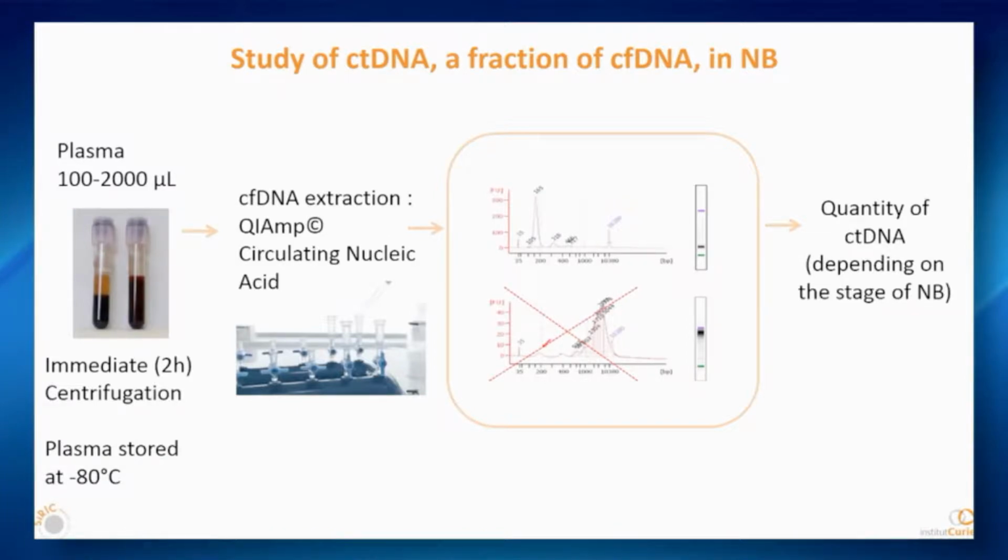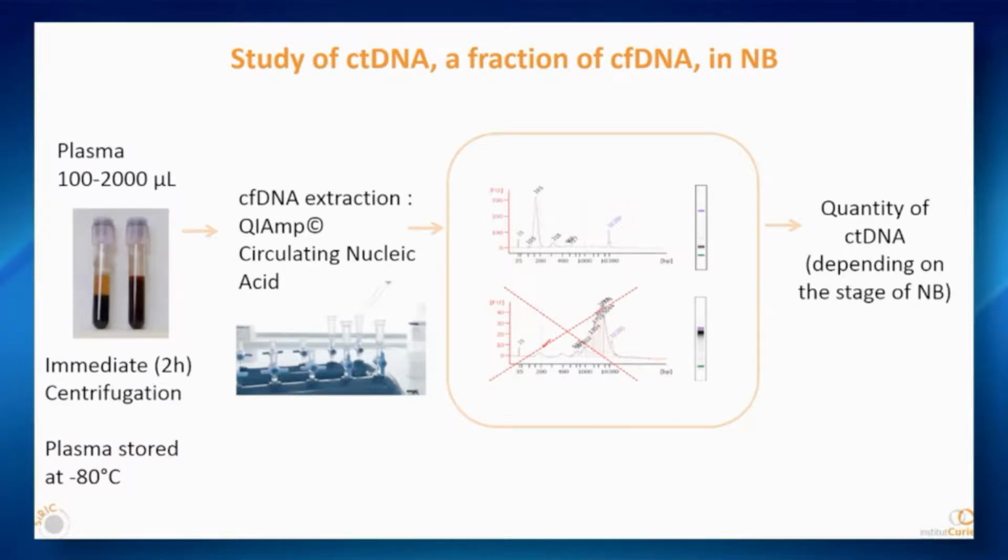And in the general workflow, when we're studying cfDNA, what we are currently doing in many labs throughout the world is collecting plasma samples at different time points at the diagnosis or later during disease course, getting various volumes. We can work with volumes as low as 100 microliters.